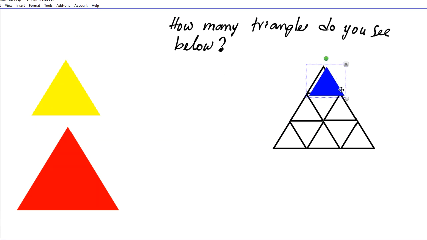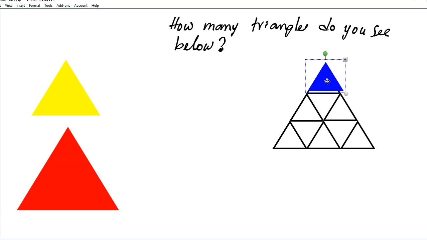So let's go ahead and count it. So we have 1, 2, 3. Now this is triangle 4. It's upside down. So let me just show that to you. So that's 4 right there. Okay, so let's start over. So we have 1, 2, 3 in the center, upside down 4, 5, 6 in the center, 7, 8 in the center, 9.